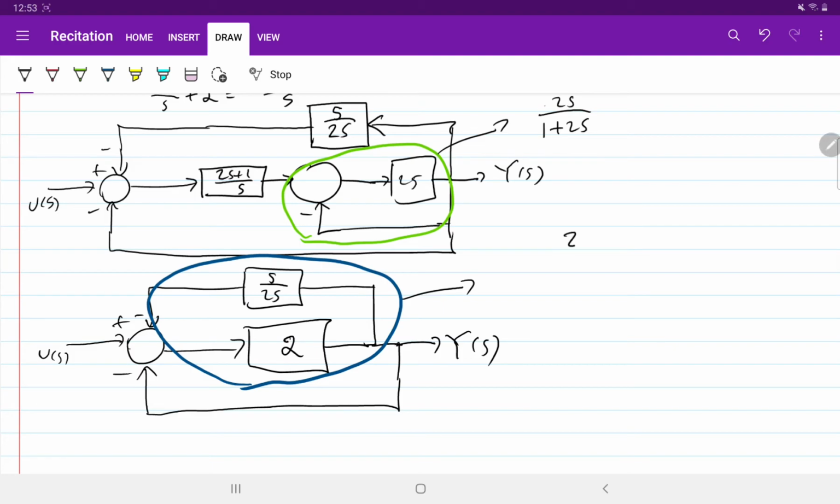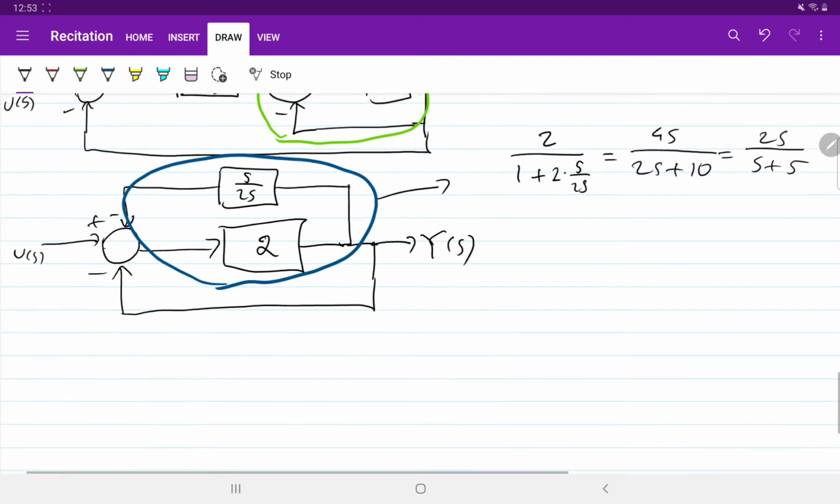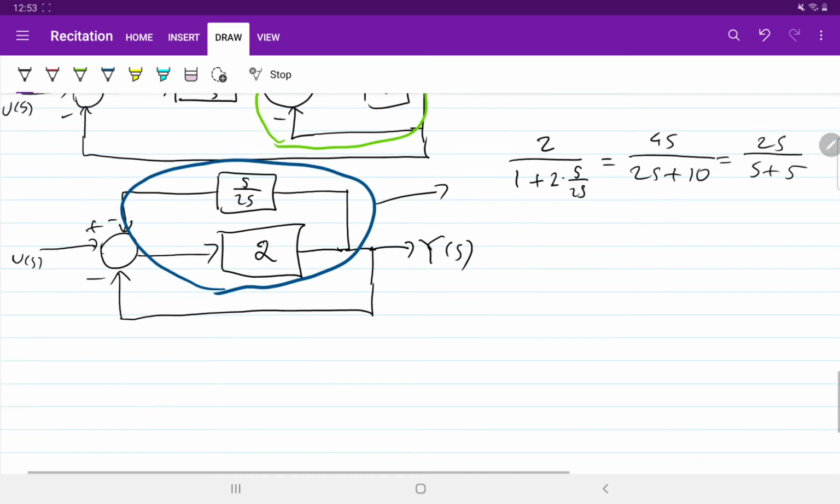So you have 2 over 1 plus 2 times 5 over 2s, multiplied by 2s. You have 4s over 2s plus 10, which is equal to 2s over s plus 5. And this block here forms another negative feedback.